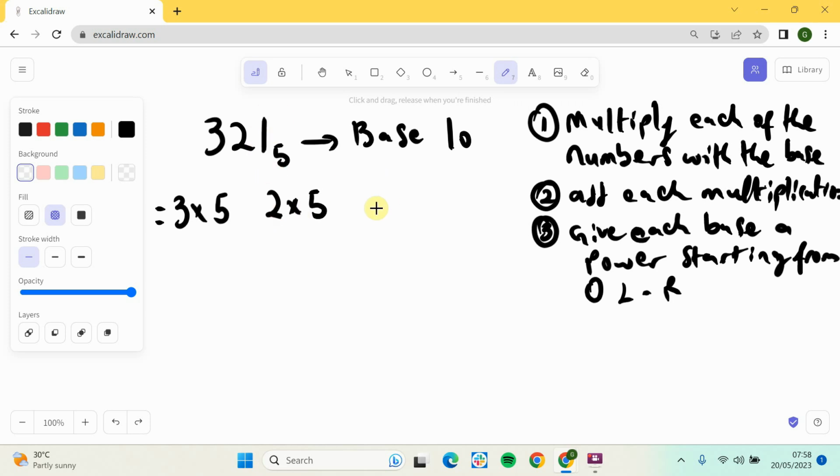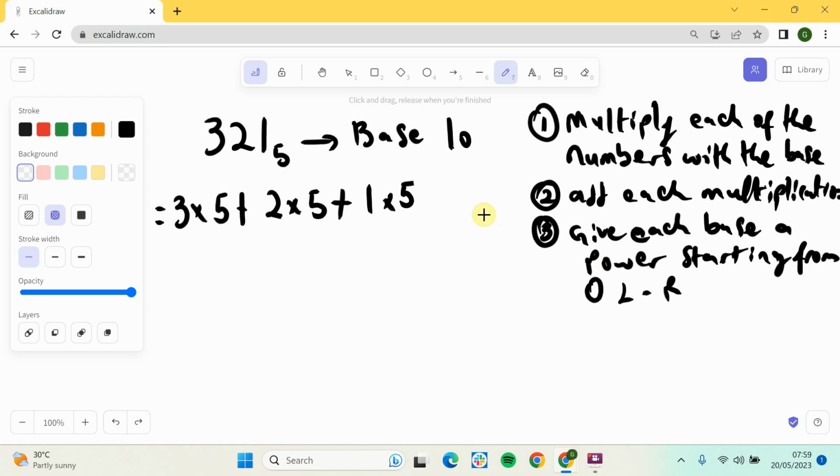The last digit is 1 times the base, which is 5. The second step is to add each of the multiplications, so I'll put a plus here and a plus here. The next step is to give each base, which is base 5, a power starting from 0.